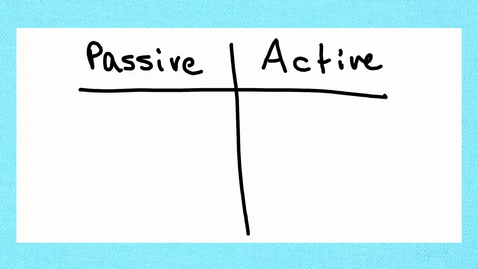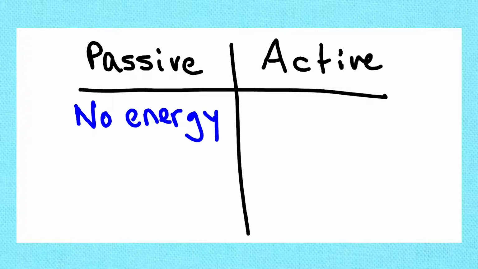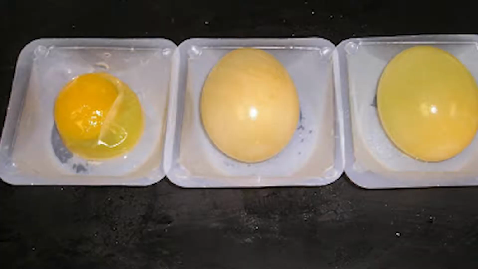So real quick, let's determine the difference between passive and active before we even get into anything. Passive transport requires no energy. It's going to happen naturally, whether or not there's any input of electricity, input of food, it's going to naturally even its way out. This is what happened to our egg in our egg experiment, and this is what happens to cells with water movement.